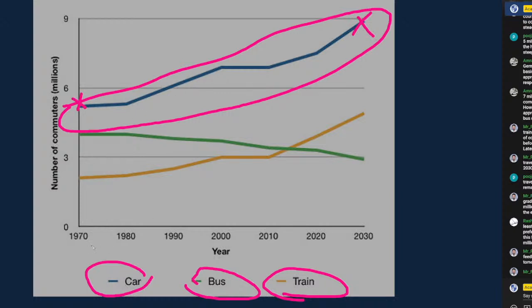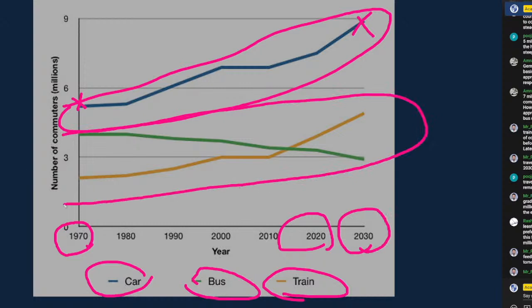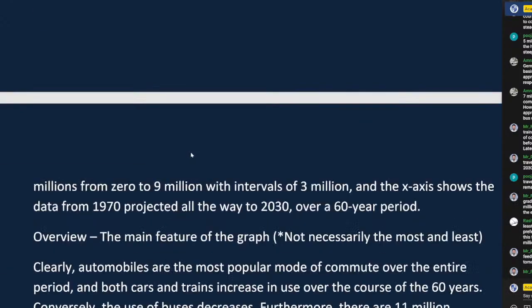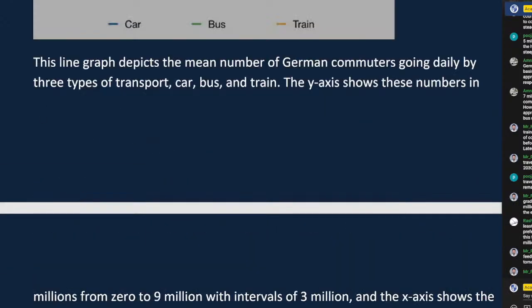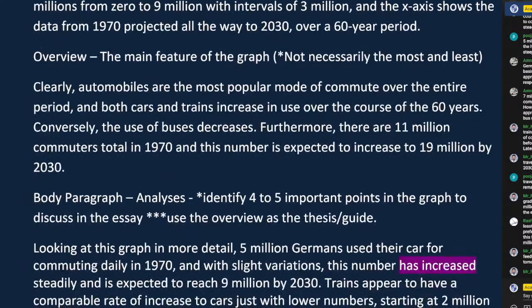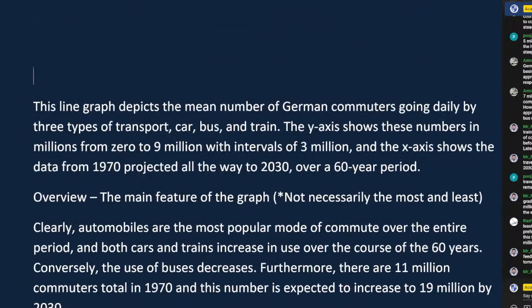We've got our x-axis showing that we've got the past, we've got the present, we've got the future. We have to pay attention to that. We've got trains and buses here in the middle showing kind of opposing trends. We're observing all of that, okay? And here is our introduction, overview, body, and summary.